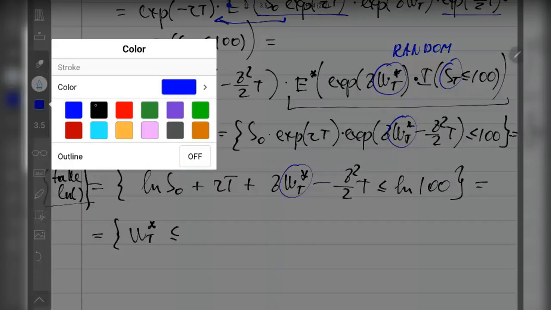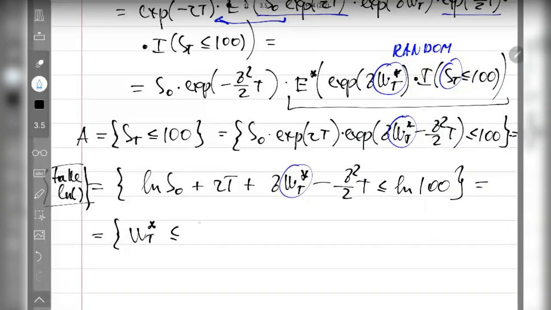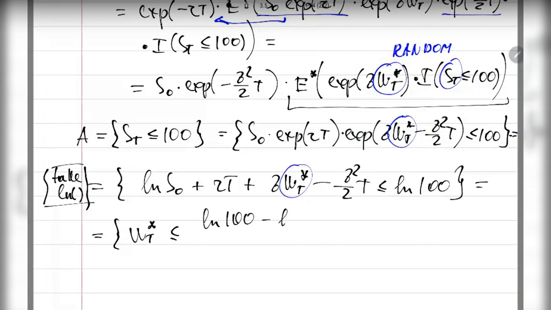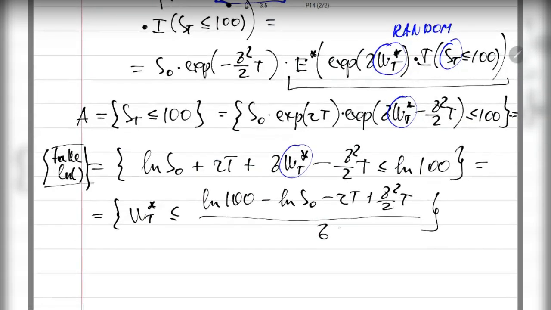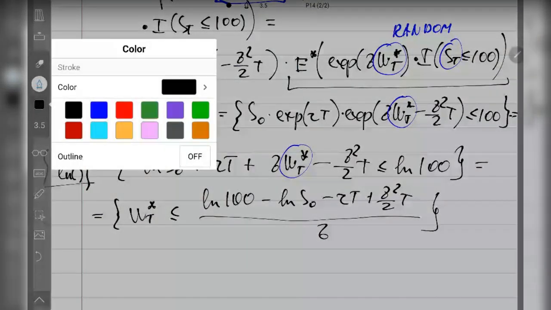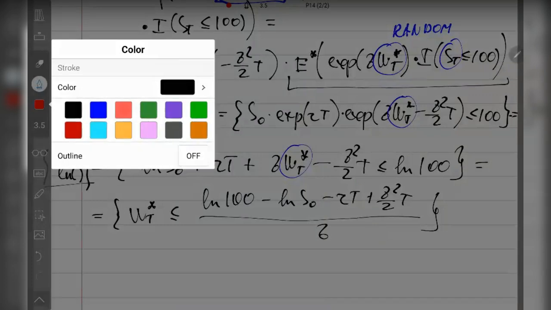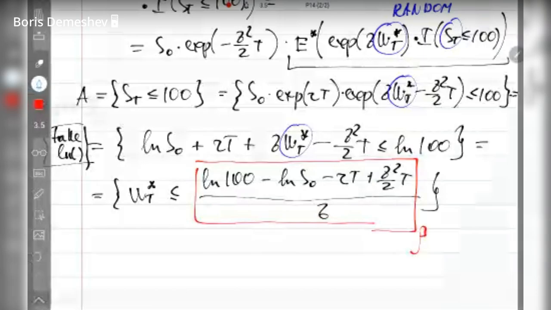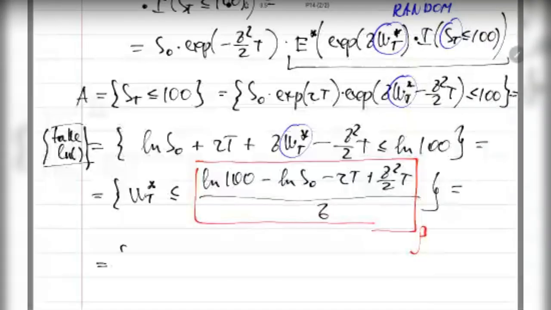So WT star is equal to log 100 minus log S0 minus RT plus sigma squared over 2 times T, divided by sigma. Let's denote this big ugly fraction by some letter, let it be beta. So our event is described by WT star is less than beta.